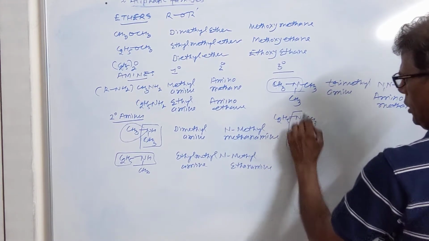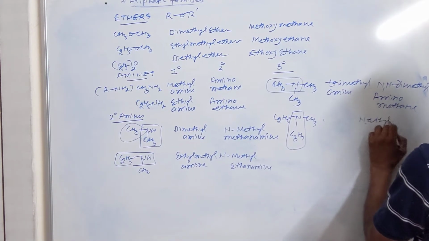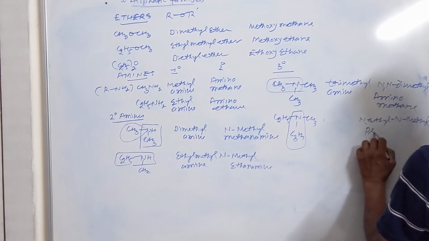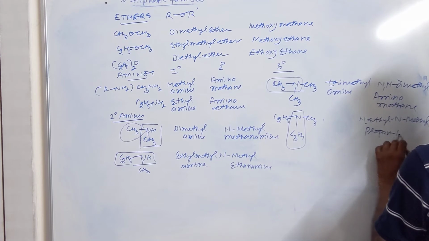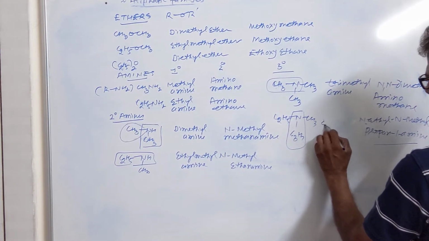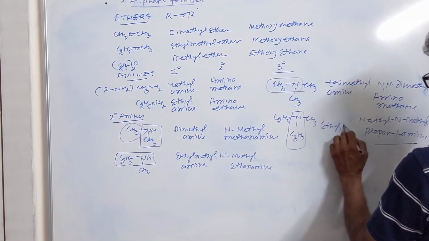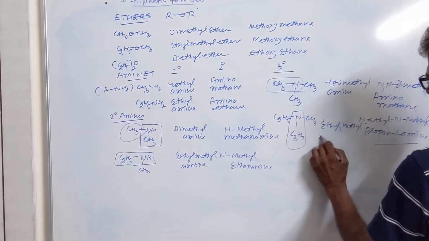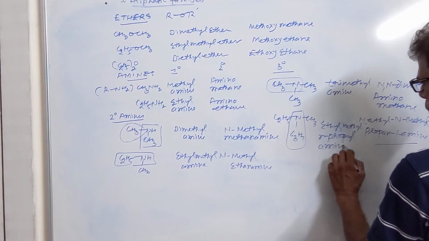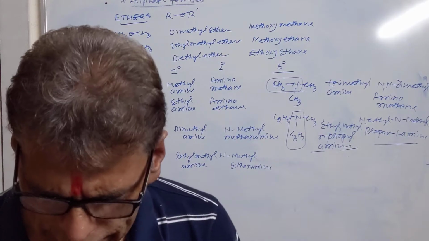Then big alkyl is parent. So it will be N-ethyl, N-methyl, propan-1-amine. Common name is ethyl methyl N-propylamine. So these are the amines of three types.